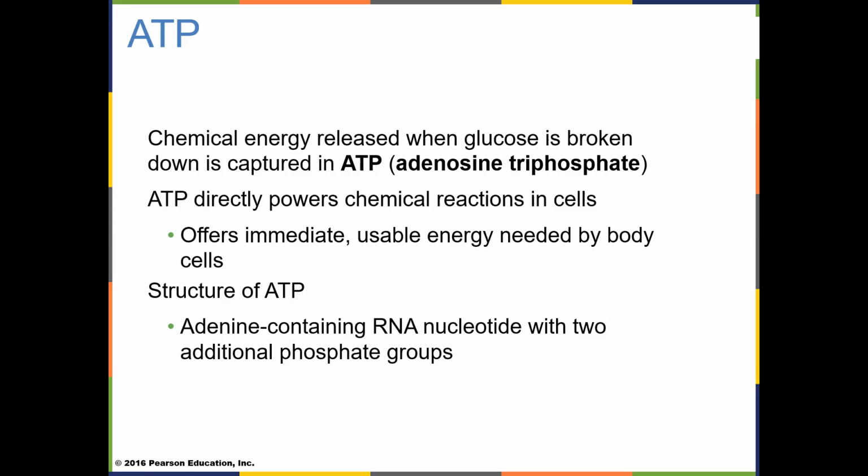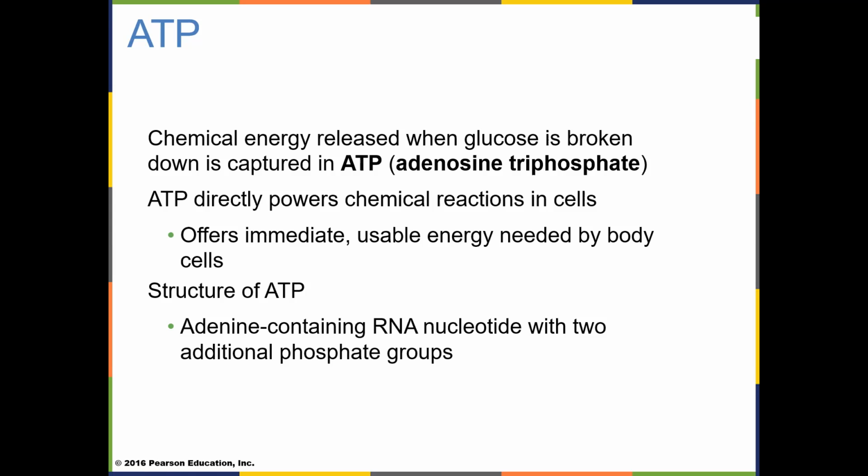We are oxidizing glucose. That energy and electrons are captured by adenosine triphosphate. And then we use that ATP to take that energy to a specific location in the body and use it there to do something. ATP provides the power in our cells for things to happen.